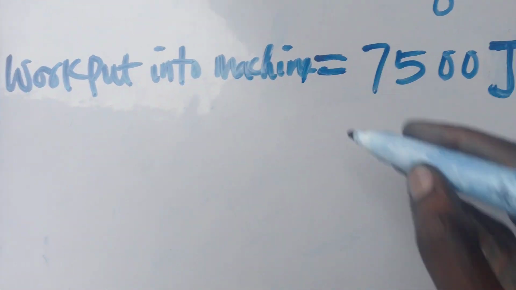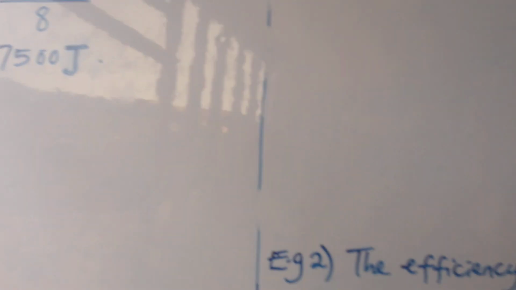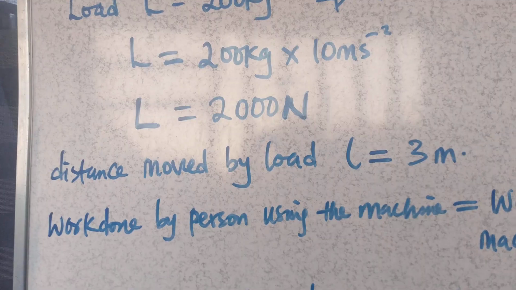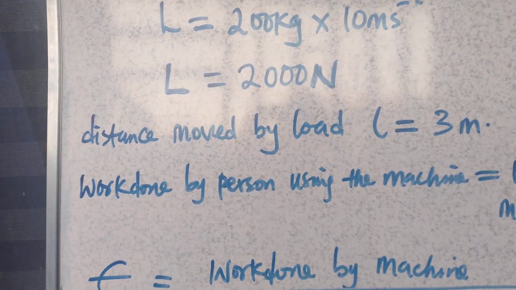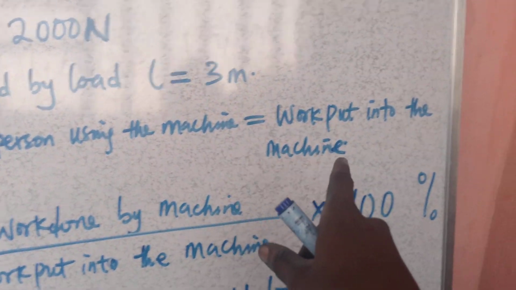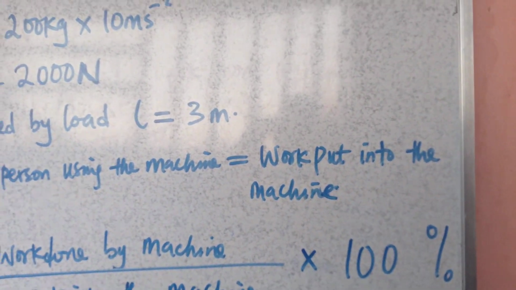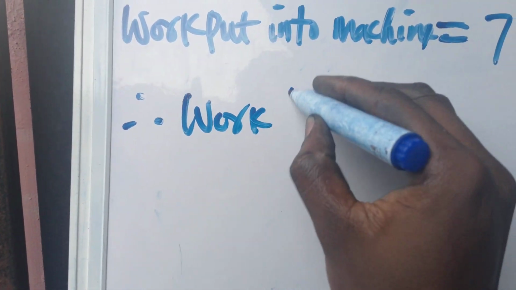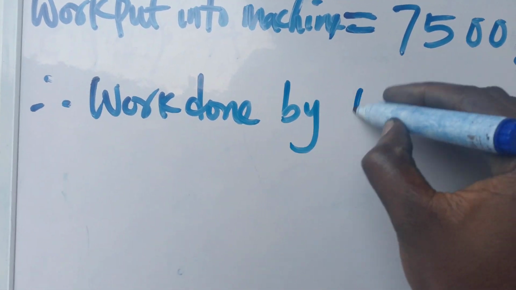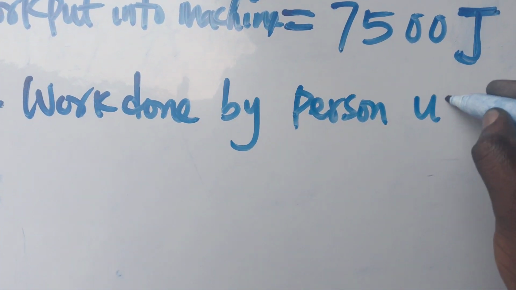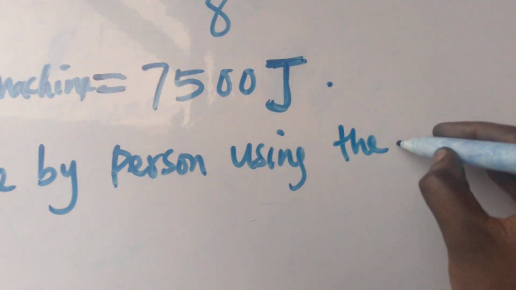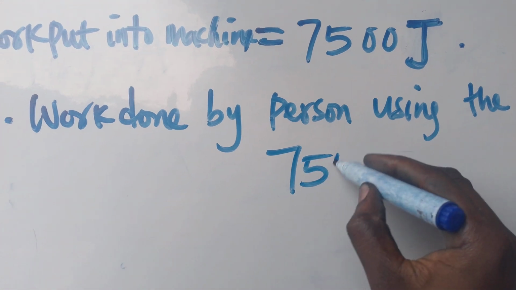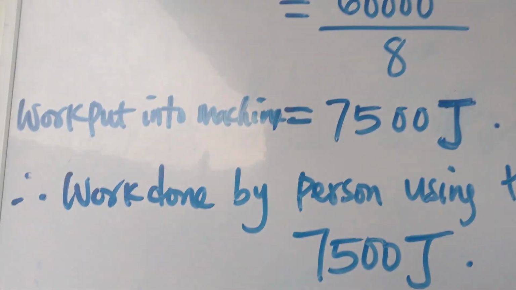So let's go back to the question. We were asked to determine the work done by a person using this machine. You can recall when I was stating the parameters, I stated that the work done by a person using the machine is equal to the work put into the machine. Therefore, work done by a person using the machine is equal to 7,500 joules.